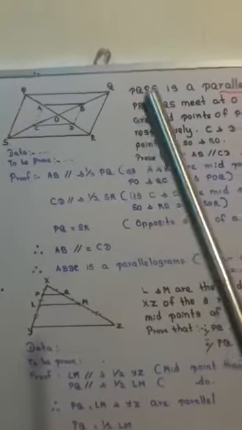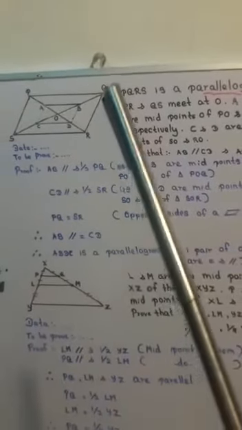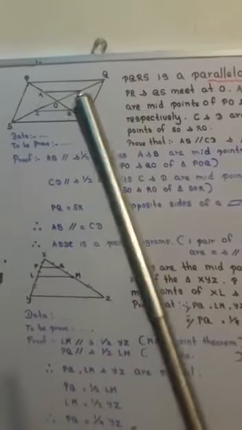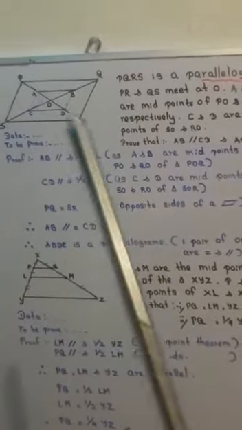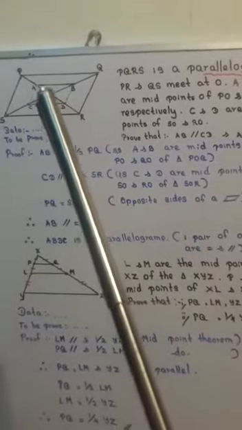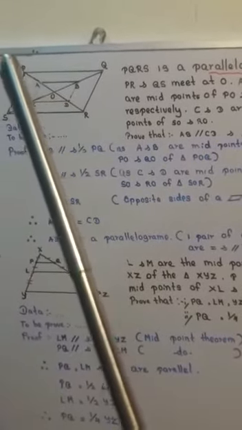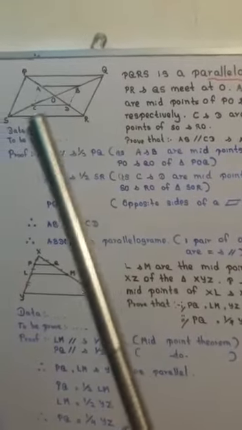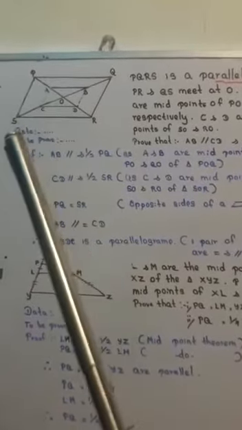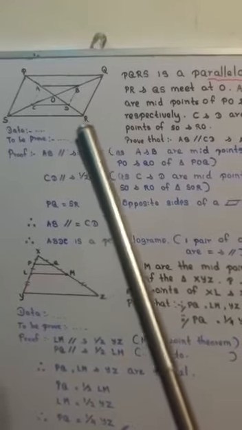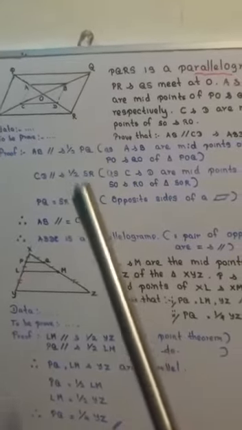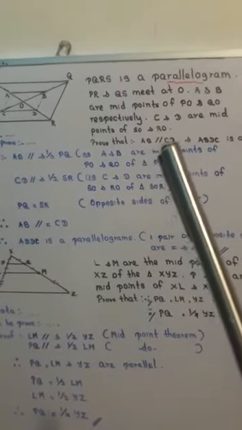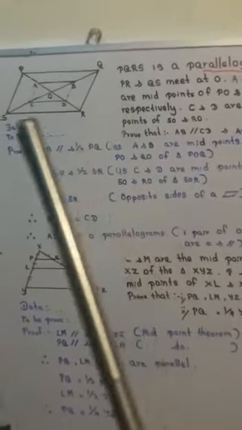PQRS is a parallelogram. PR and QS intersect each other at O. A is the midpoint of PO, B is the midpoint of QO, C is the midpoint of SO, D is the midpoint of RO. We have to show AB and CD are parallel.